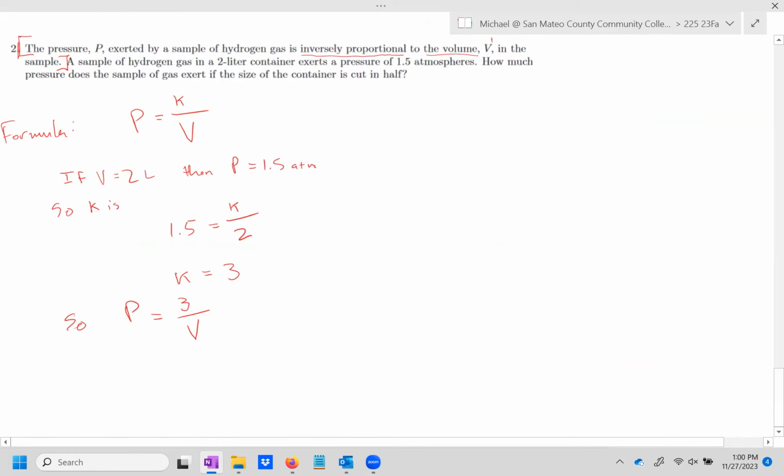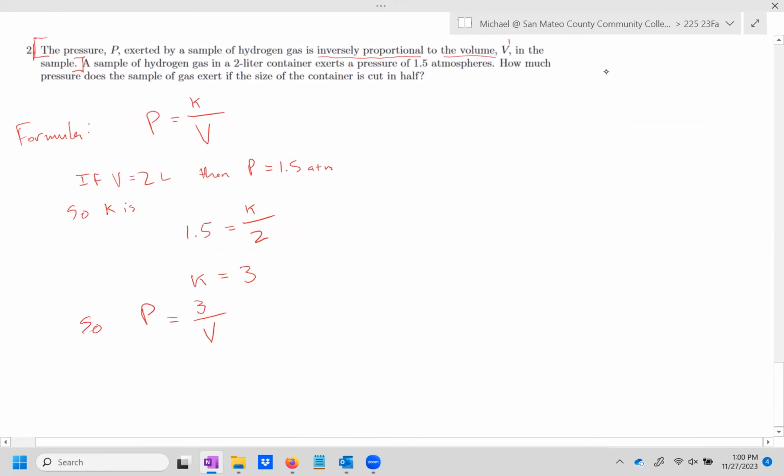I like these kinds of questions. How much pressure does the sample of gas exert if the size of the container is cut in half?